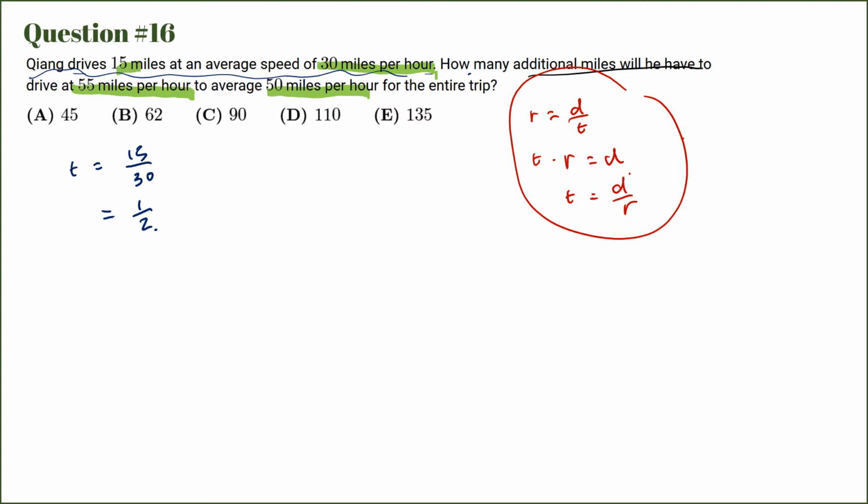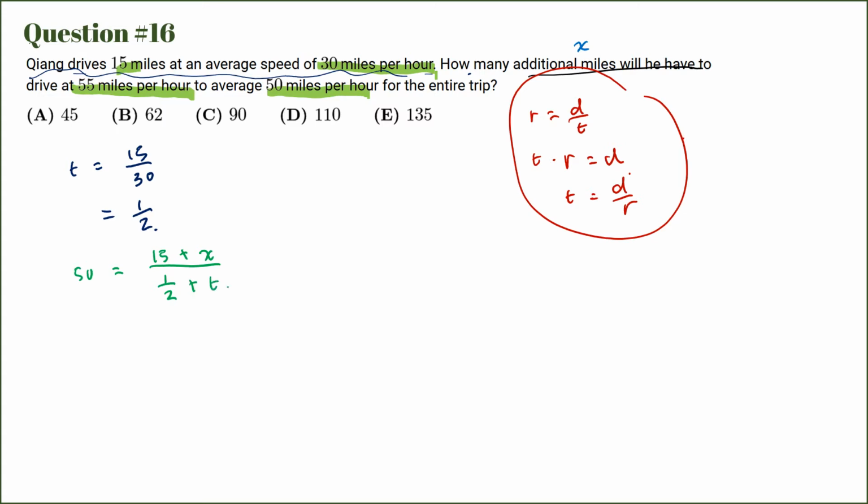Let's say that the additional miles he drives is x. Then we can write the equation 50 miles per hour equals 15 miles plus x over 1 over 2 plus t, where t is the total time it takes to drive that much.